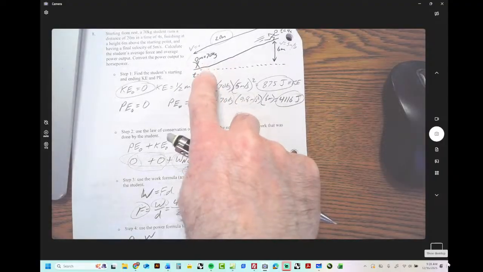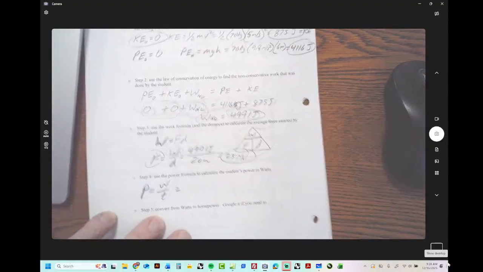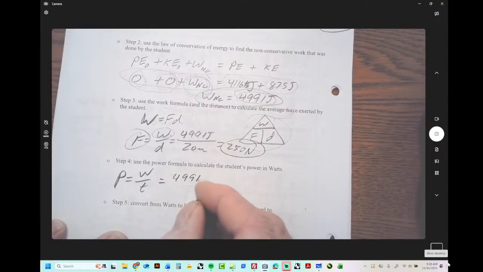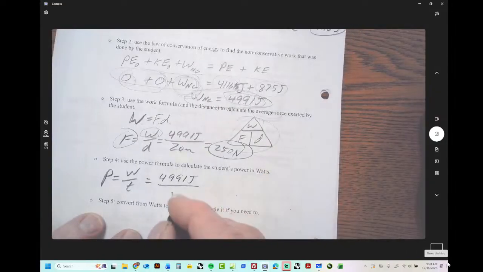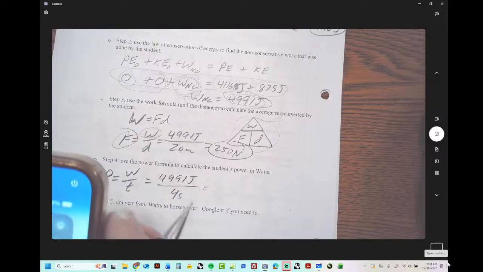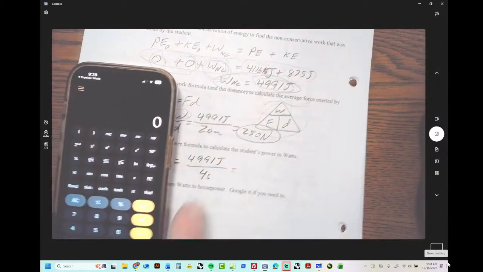That's the amount of work that was done on the person. Yeah. So I can write 4,991 joules, and the time it says is 4 seconds. So if I divide 4,991 by 4, get the answer.